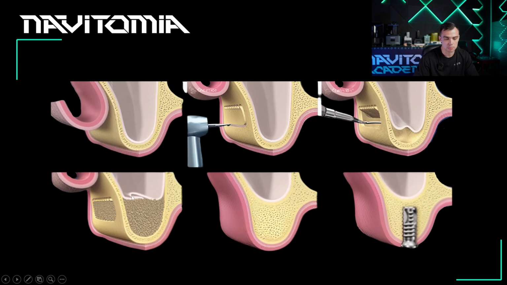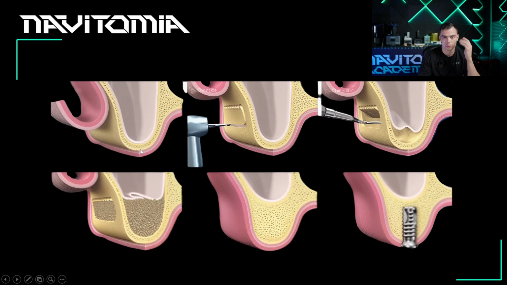This space is filled with different types of osteoplastic materials. It can be autologous bone, xenobone, PRF, and so on. This type of operation is performed when there is an extreme lack of native bone, so there is almost no bone, but the dental implant needs to be installed here.